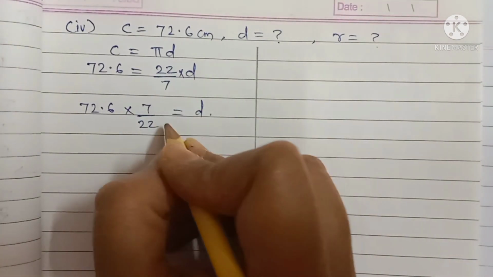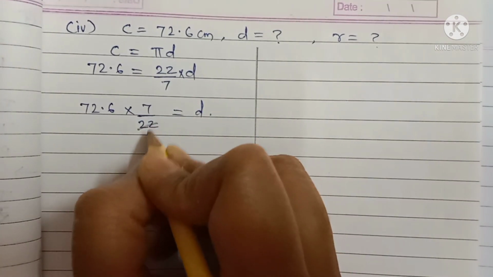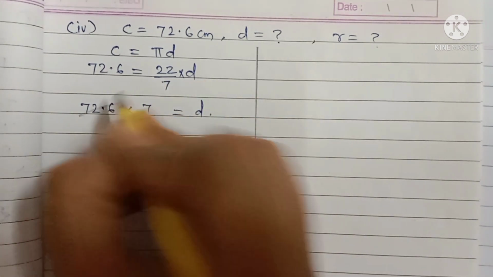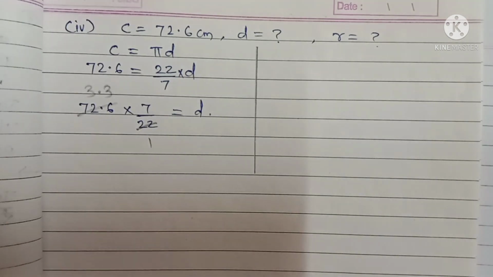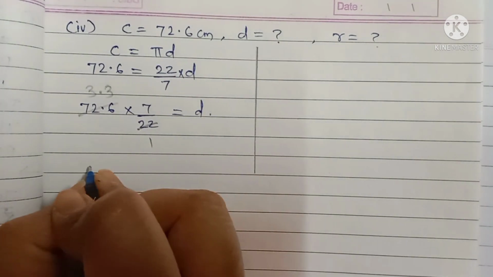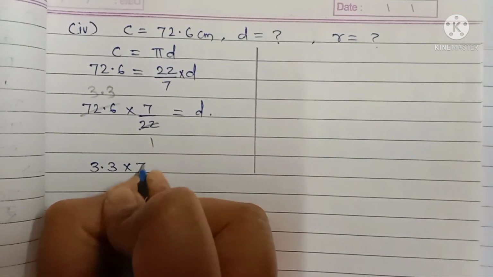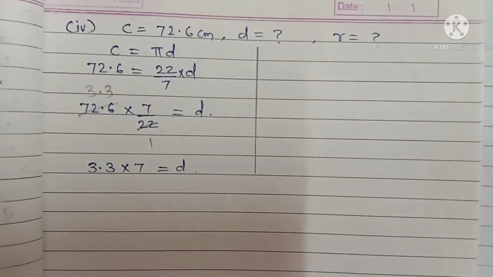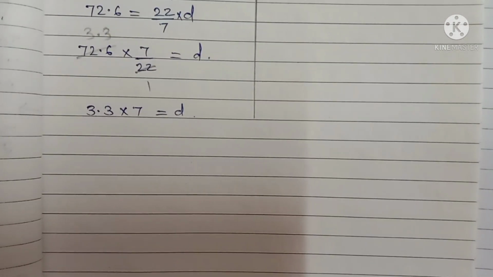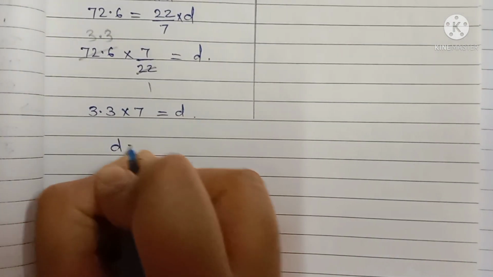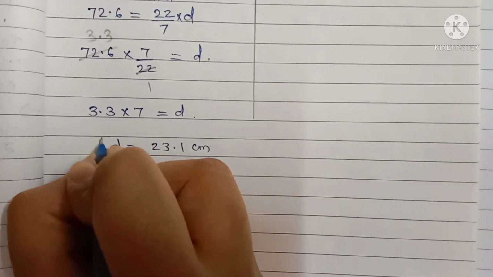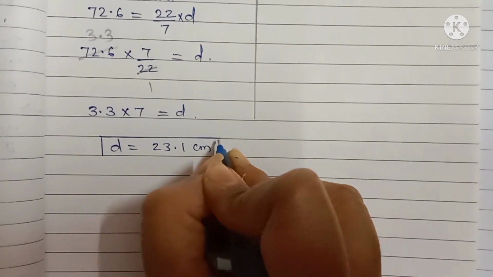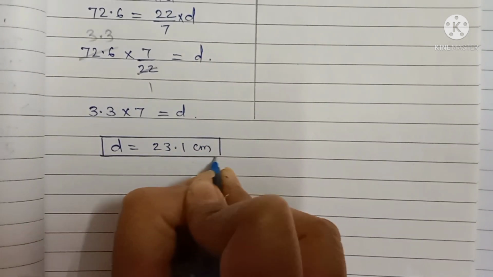See here, 22 threes are 66, so 3.3 multiplied by 7 is equal to d. 3.3 multiplied by 7 is 23.1 centimeter. Means the value of d is 23.1 centimeter.